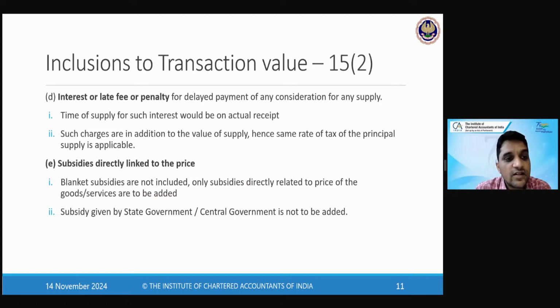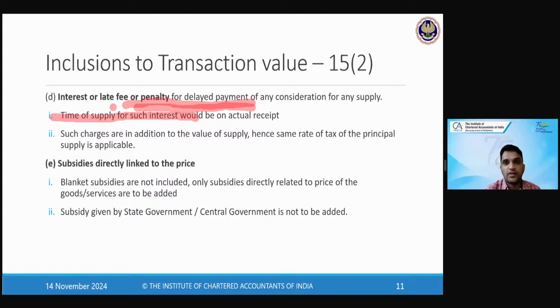Then any interest or late fees or penalty for delayed payment of any consideration for any supply has to get added. The time of supply for such interest would be the actual receipt.